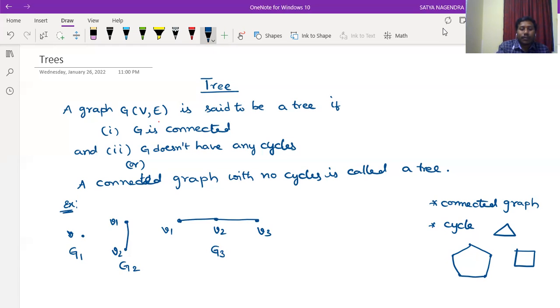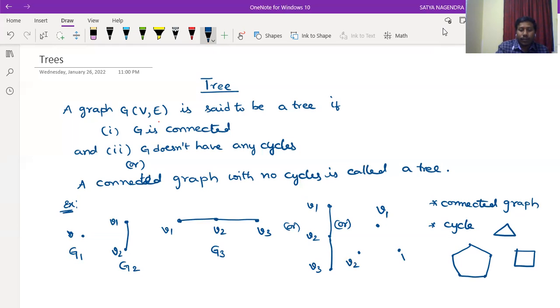You can represent a graph geometrically, not only in this way. You can represent it in a different way also. I have taken those vertices in a horizontal manner. Now you can take them in a vertical way also, like this, and you can join those vertices like this. Or you can represent the graph in this way also. So it is the same graph, but the geometric representation is different.